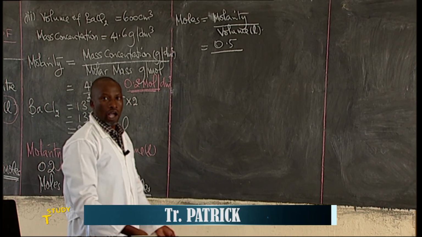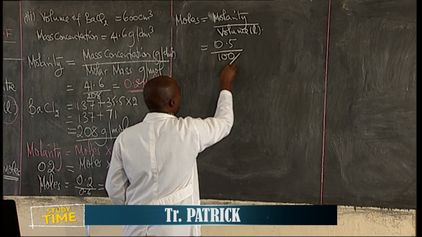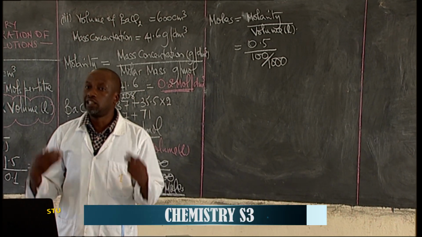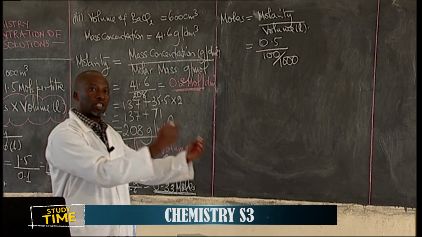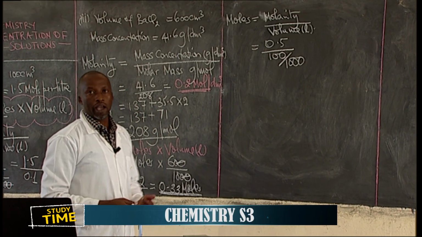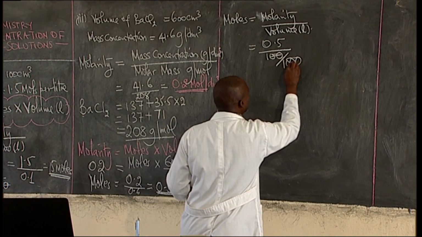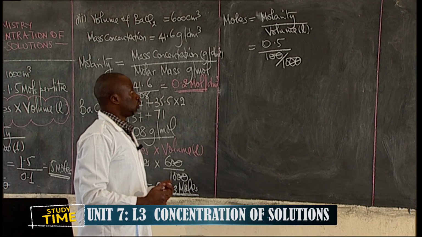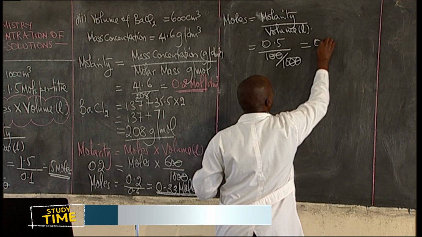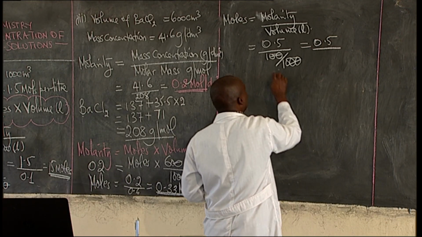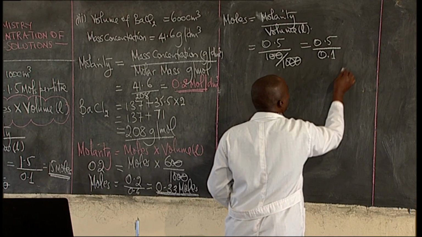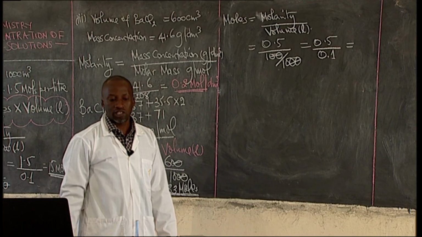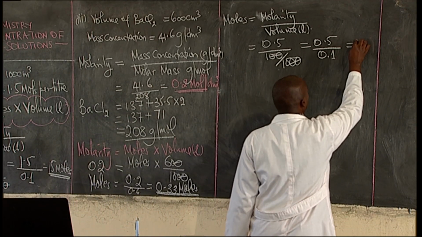Volume is 100. So 100 over 1,000, because we said it has to be in liters. So converting from cubic centimeters to liters, you divide by 1,000. If you cancel this and this, you are remaining with 0.5 times 0.1.